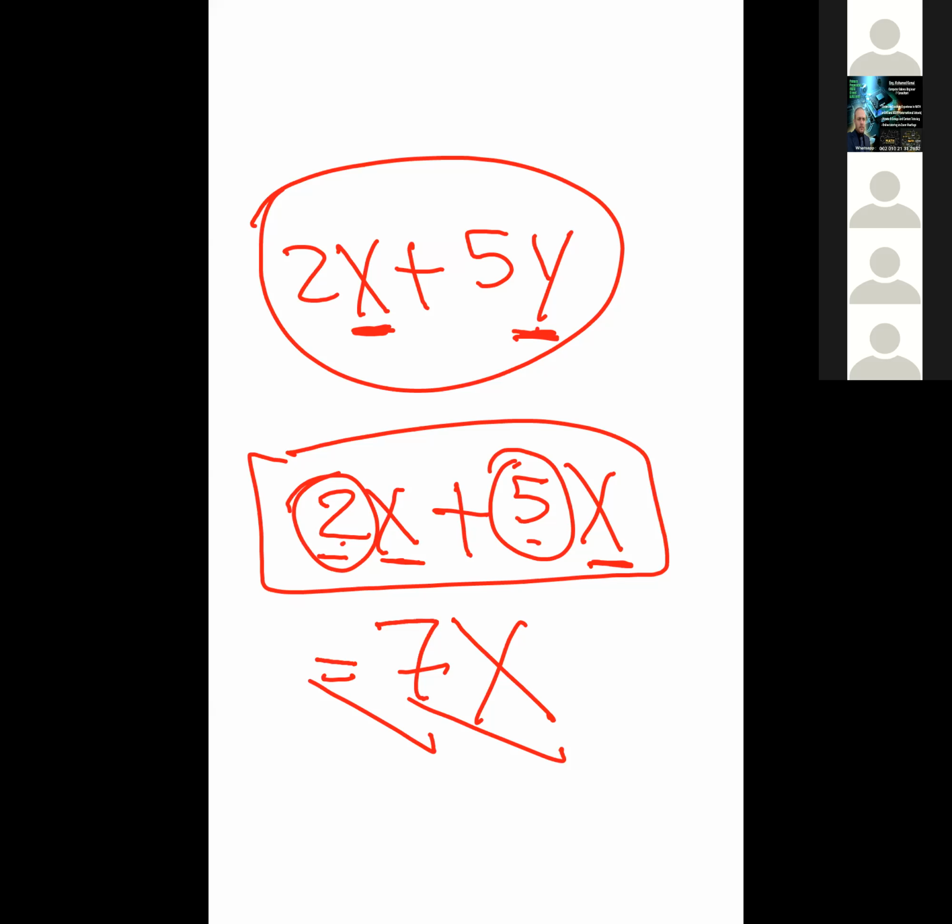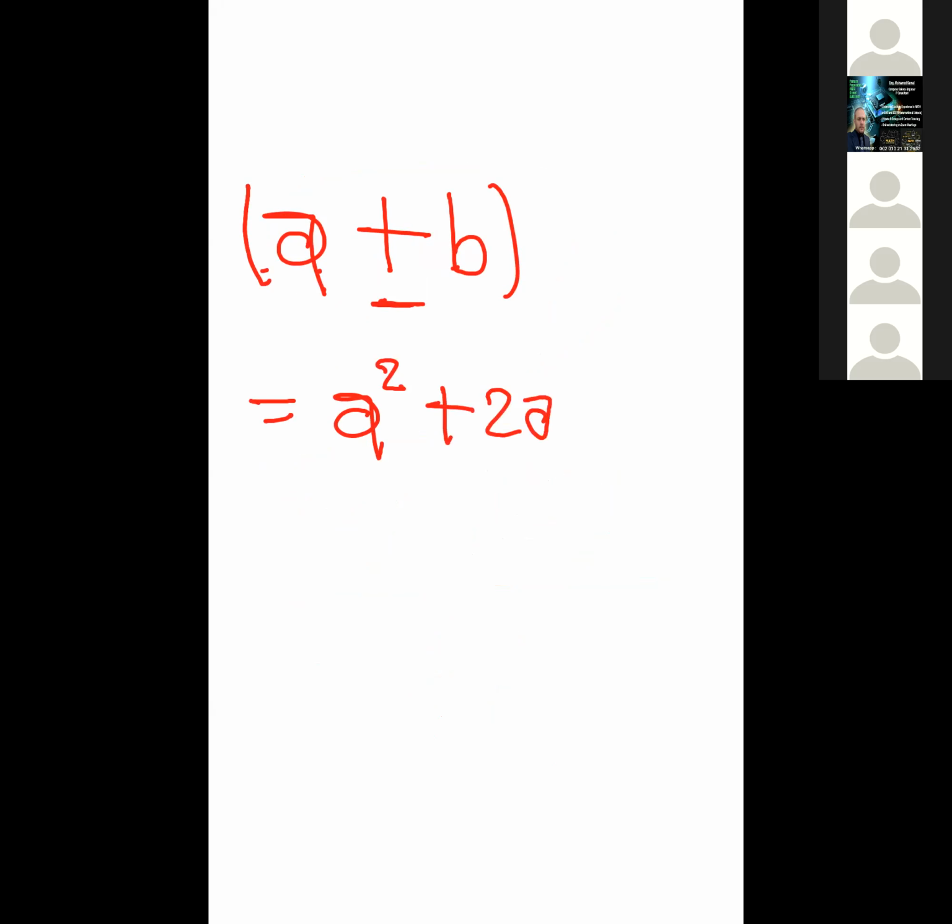Okay, this is about addition and subtraction. Now it's clear? Okay, very good. Then the next question here. So guys, don't forget this one. I said if it's a plus or minus b, squared, it will equal a squared plus 2ab plus b squared.